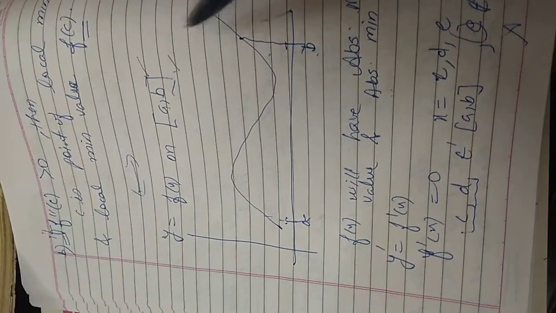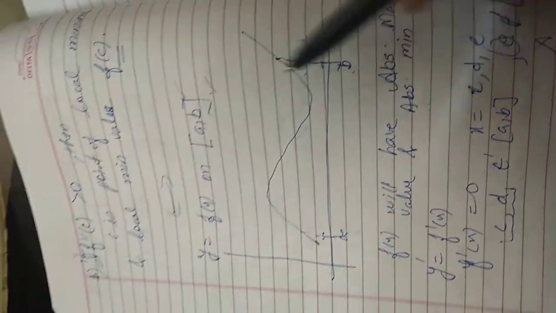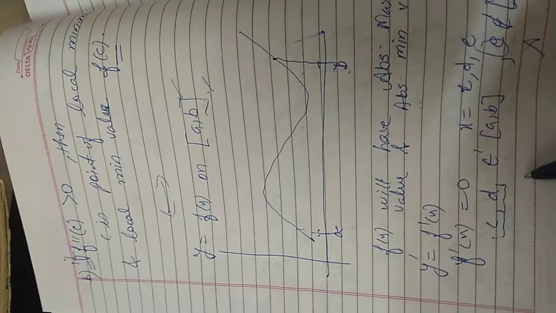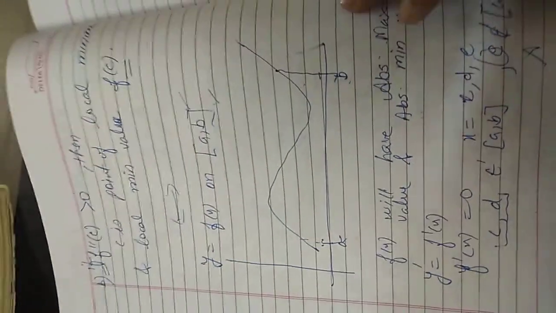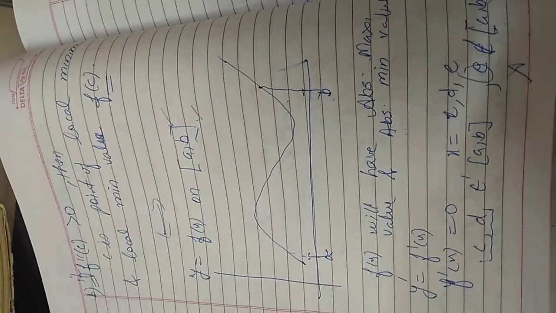Now since the interval is given closed, once we get the critical points, when we are finding absolute maximum value and absolute minimum value, we will directly find the values of the function.